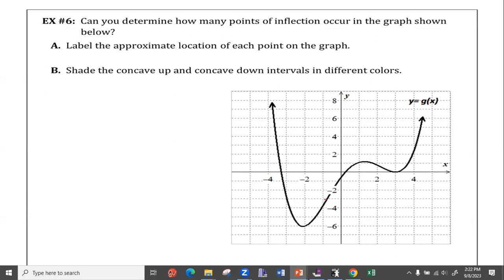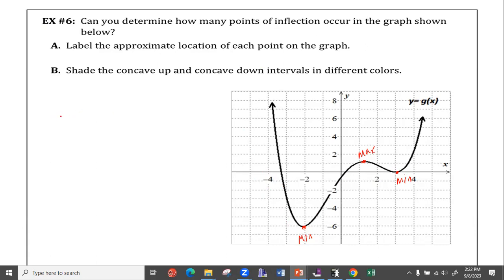So first, let's go through and just identify. We're just labeling. These aren't perfect, so we're just labeling. Is that cool? Okay, so we're going to find our terms. We have a minimum here, a max here, and a minimum here. Your points of inflection are always going to be one less than your max and min.